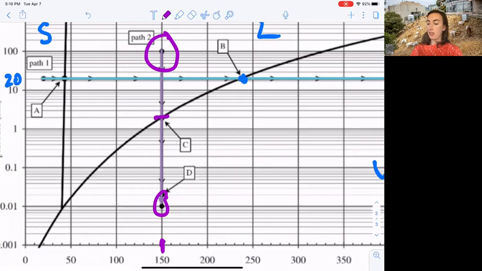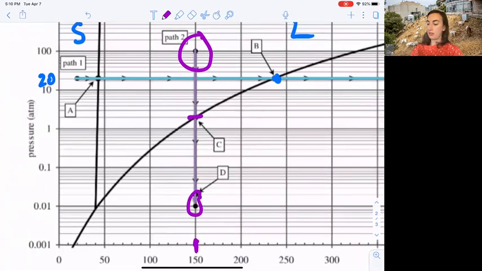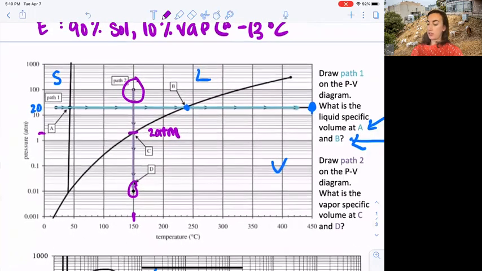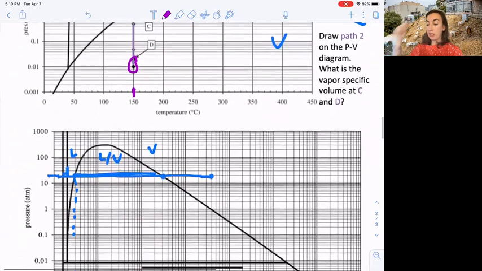And so that point is 2 atmospheres. So one thing we know for sure on our PV diagram is that we're going to cross through our liquid vapor coexistence region at 2 atmospheres right here.